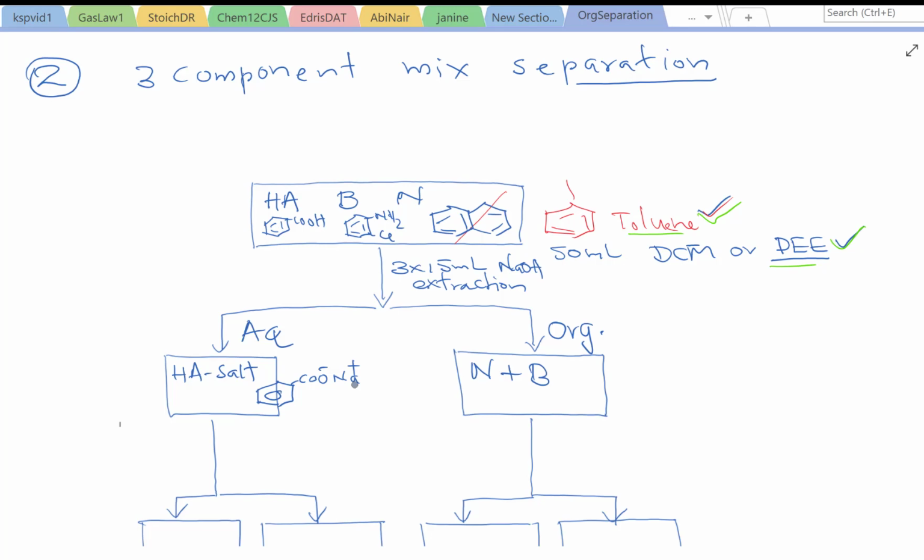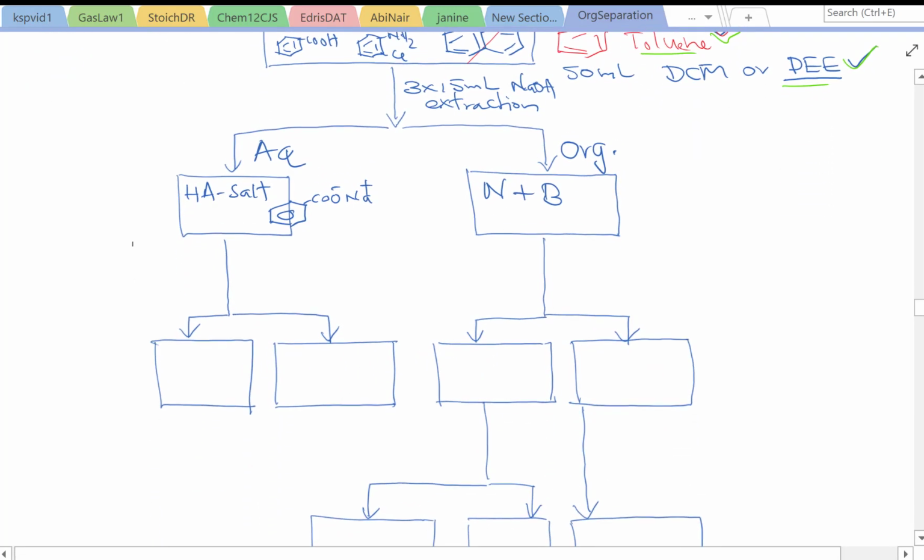Now we can separately go through these two fractions. It's similar to the previous methods, but this one has more to do, and you should be aware of what you're doing. So follow the procedure. We can acidify the aqueous layer with 5 molar or 6 molar HCl, and check the pH just to make sure it's acidified.